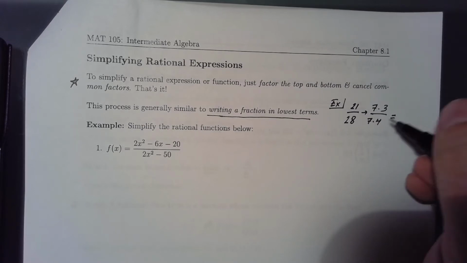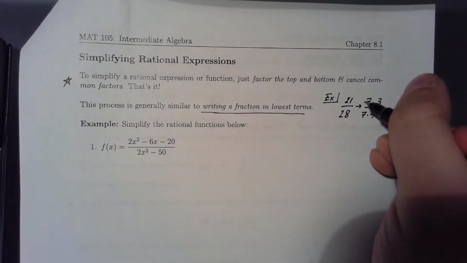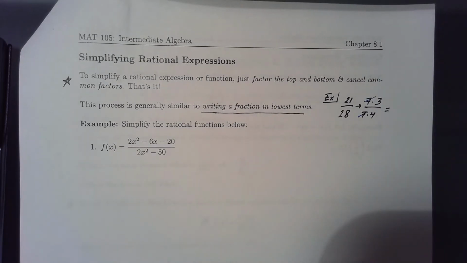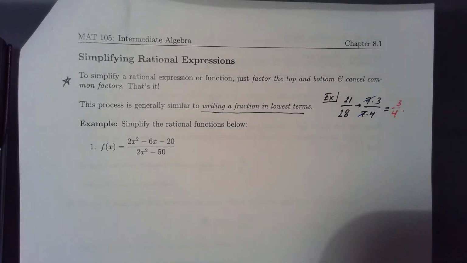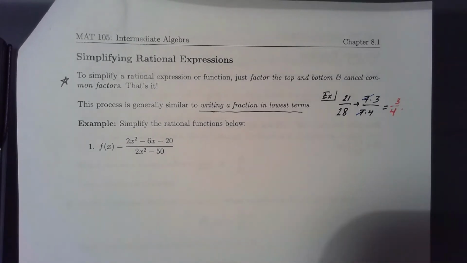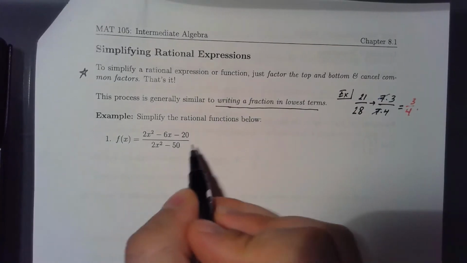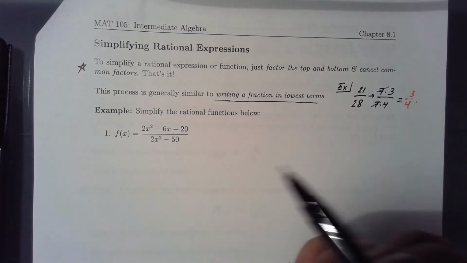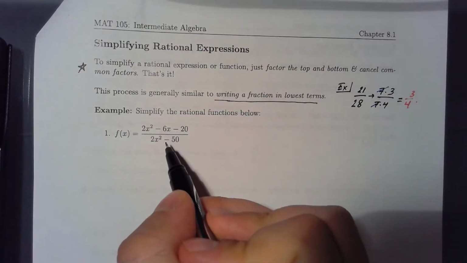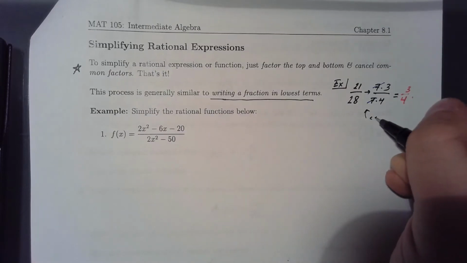But that's not going to cancel out. But what is going to cancel out? The 7s are going to cancel out. And you're going to be left with 3/4. So we always write a fraction in lowest terms. You know that from basic math. The same thing applies to polynomial expressions or rational expressions. Same thing. You want to factor the top and bottom, which we know how to do, and then cancel out like factors. Just like these. They cancel out.